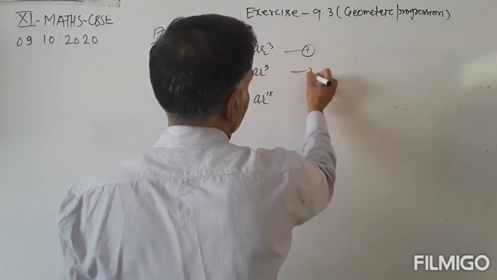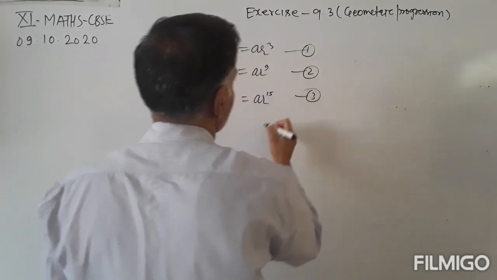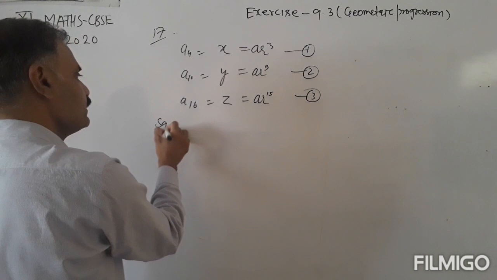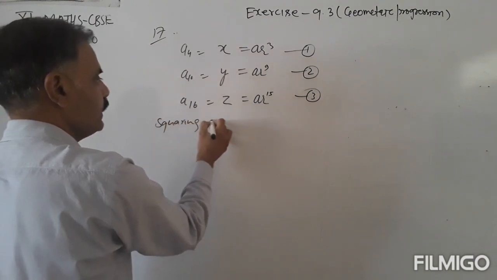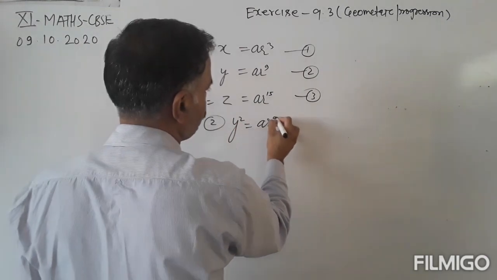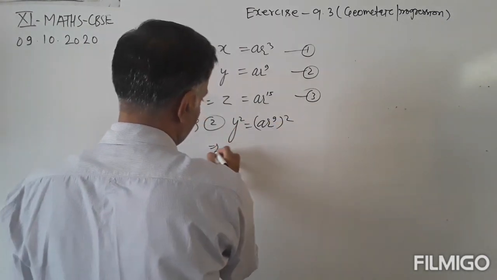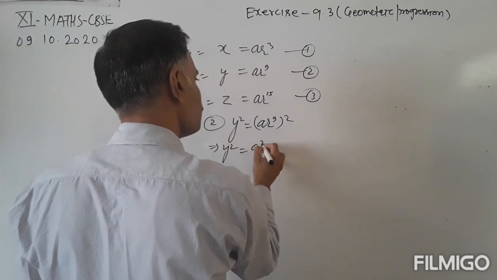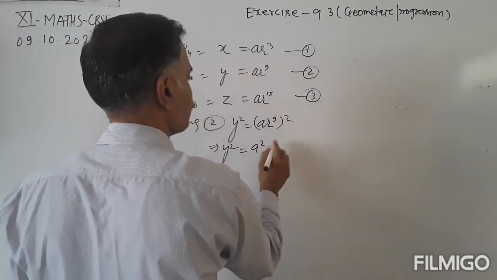Equation number first, equation number second, equation number third. Now squaring equation number second, y square equals ar to the power 9 whole square, so y square equals a square r to the power 18.